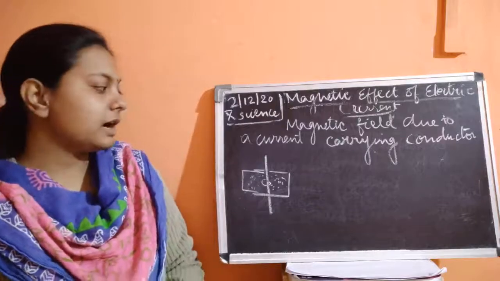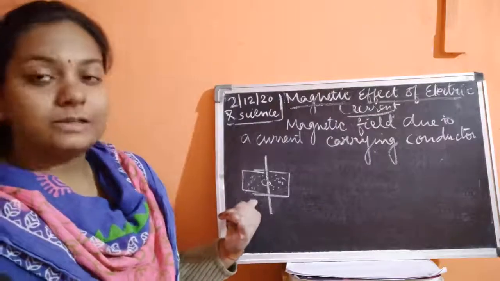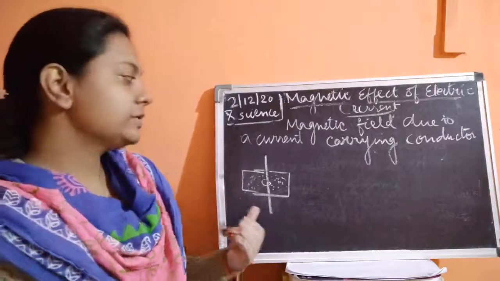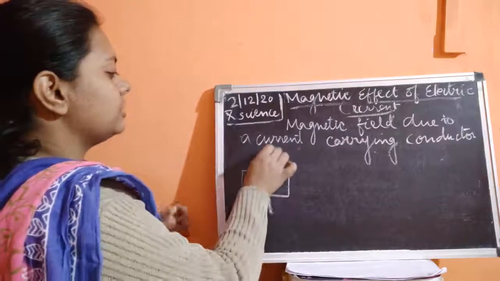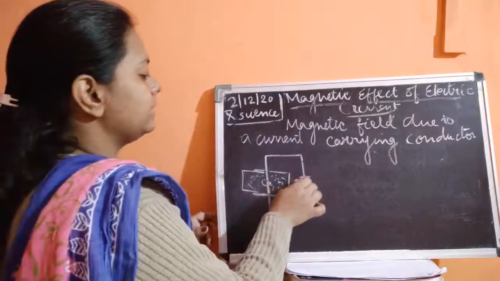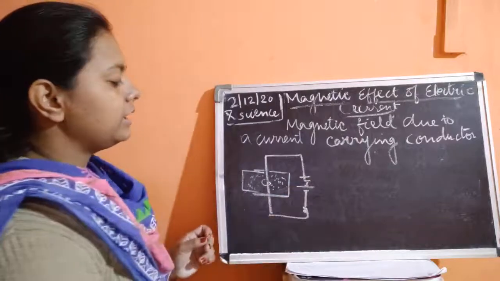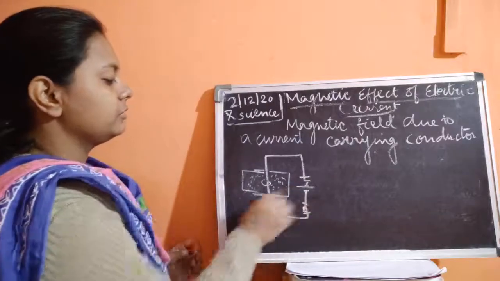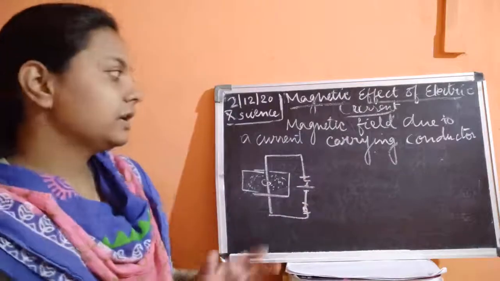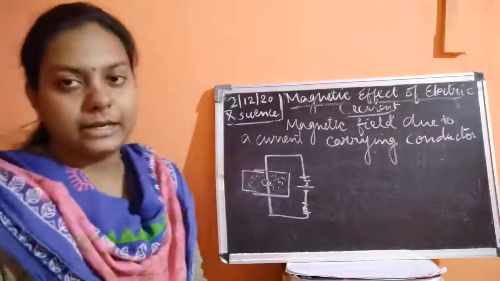We'll sprinkle some iron filings on this cardboard, connect it with a battery and a switch, and then we are going to see the magnetic effect of a straight current carrying conductor.